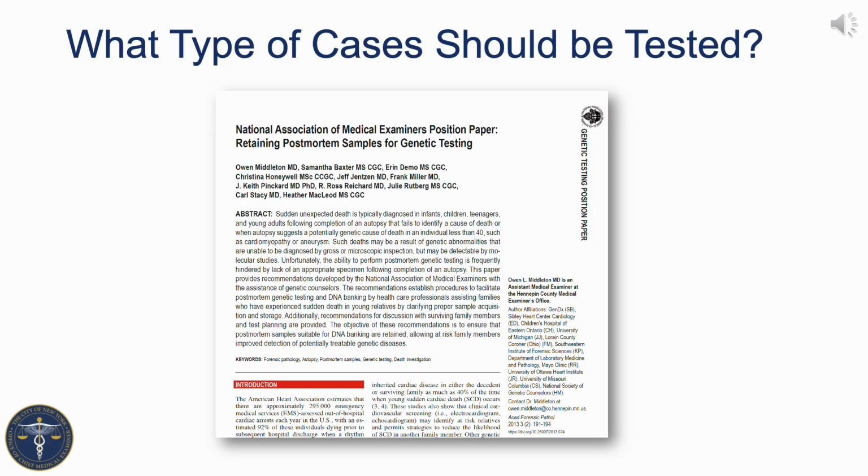In all of these cases, there is ample evidence to save postmortem samples for genetic testing. And the National Association of Medical Examiners has provided a position paper on retaining postmortem samples for molecular genetic testing when needed.